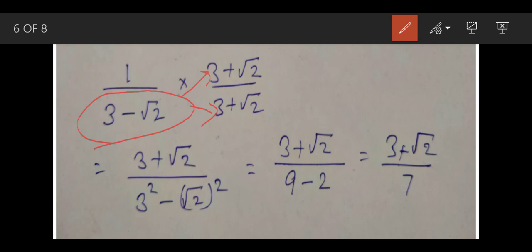So on multiplying, we will get 3 plus root 2 upon 3 plus root 2. Numerator, we will get 1 into 3 plus root 2 is 3 plus root 2. In the denominator, 3 minus root 2 into 3 plus root 2, we will use the identity a square minus b square. This will give 3 square minus root 2 square, means 9 minus 2, which is 7. So the answer is 3 plus root 2 upon 7.